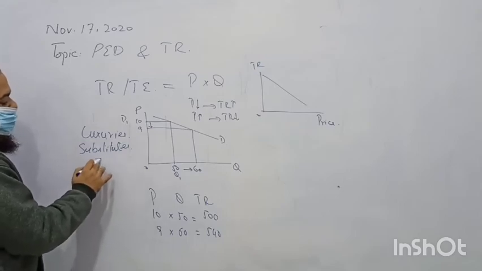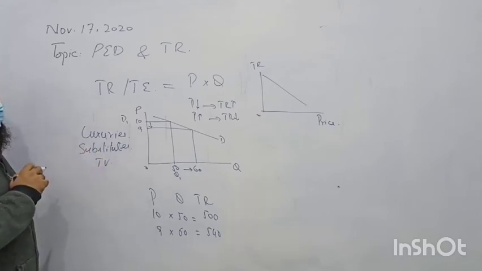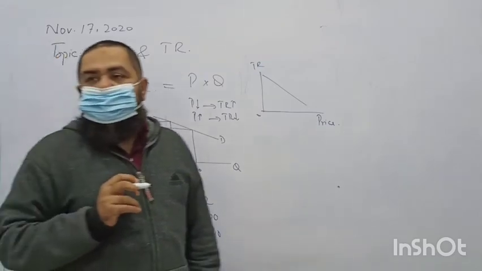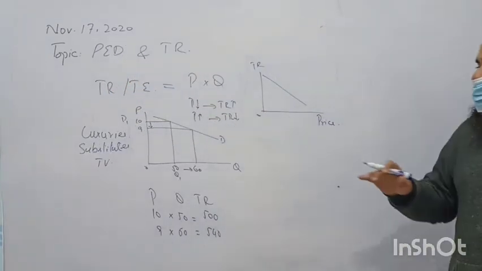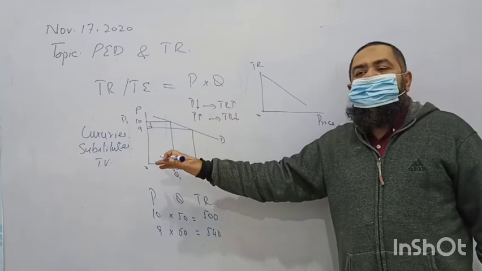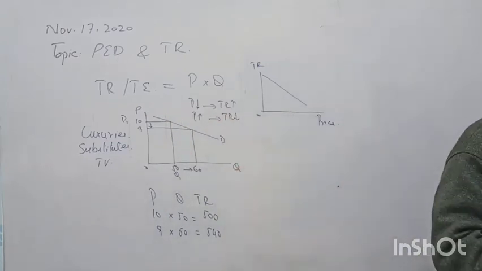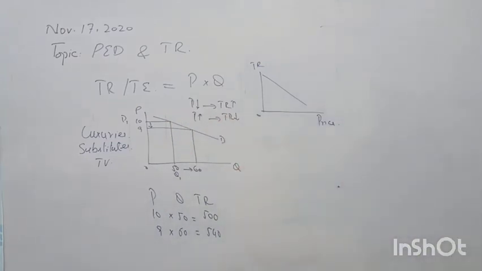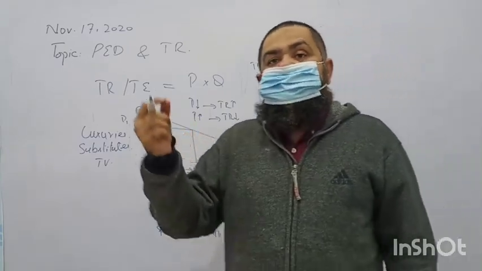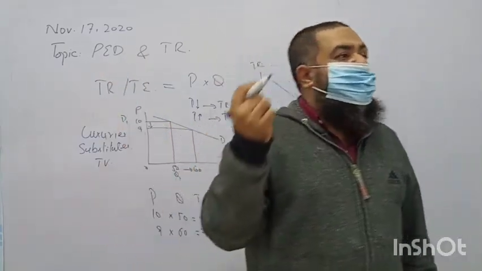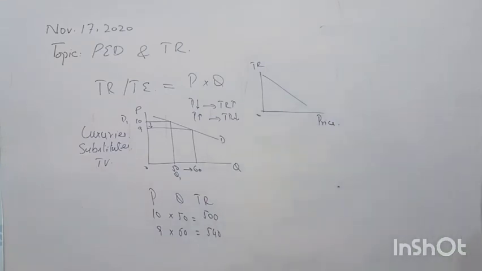I can give you the example of television sets, cell phones. When the television sellers or cell phone sellers decrease the price, their revenues will increase. Because these are not necessities, these products are price sensitive. A slight decrease in price will have a larger increase in the total revenue of the seller.